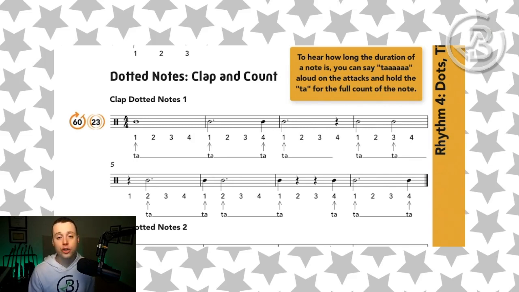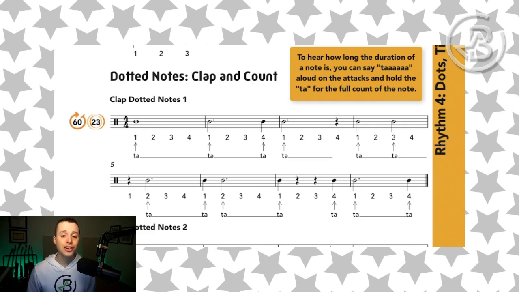Now this would be 2 half notes. Ta, ta. Now these would be quarter notes. Ta, ta, ta, ta. This would be a dotted half note. Ta, 3.